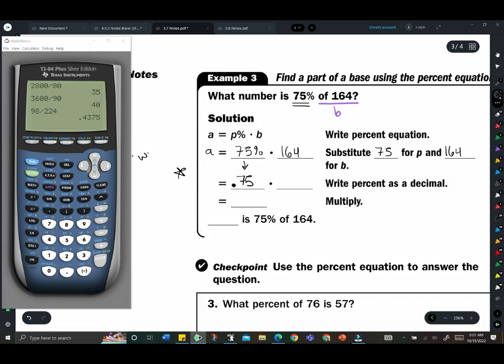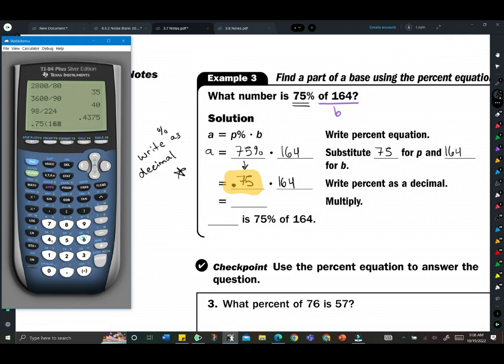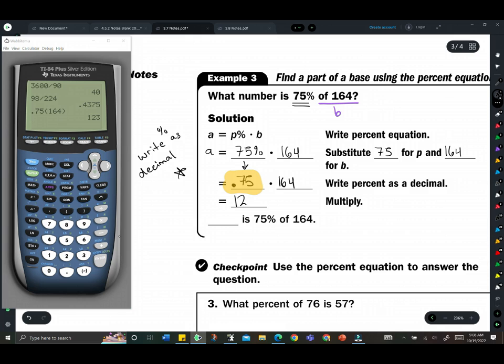Make sure you write the percent as a decimal, times 164. 0.75 times 164 is equal to 123, which means 123 is 75% of 164.